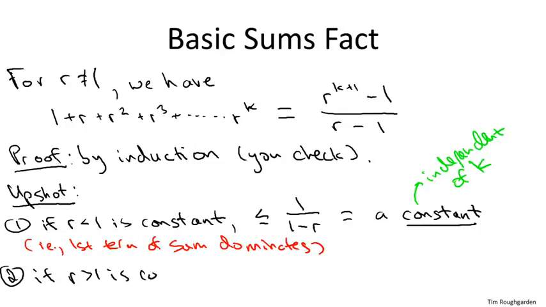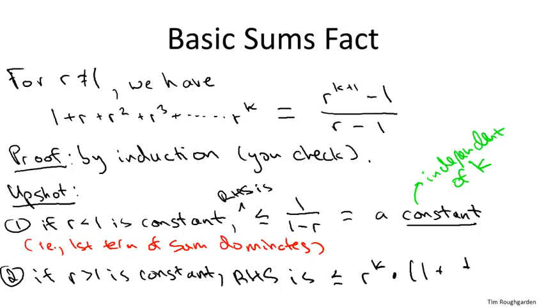When r is bigger than 1, a tiny bit of algebra shows that we can upper bound the right-hand side by r to the k times something which is constant, independent of k. So again, let's interpret the second upshot in terms of a canonical value of r, namely r equals 2. Then our sum is 1 plus 2 plus 4 plus 8 plus 16, and so on.